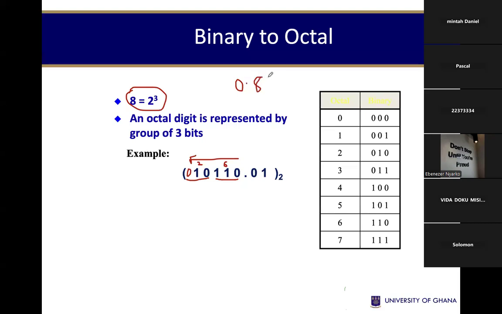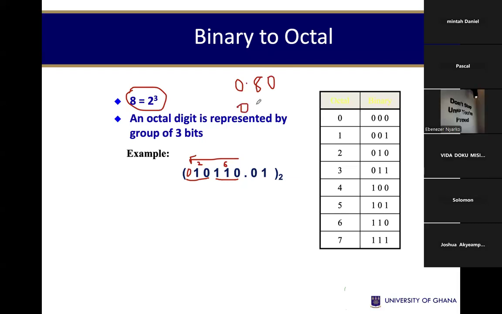If I add 0 after it, I've not changed anything, because 0.80 is the same as 0.8. But if the 0 comes before it, that becomes 0.08, which has a different meaning altogether. 0.08 is not the same as 0.8.